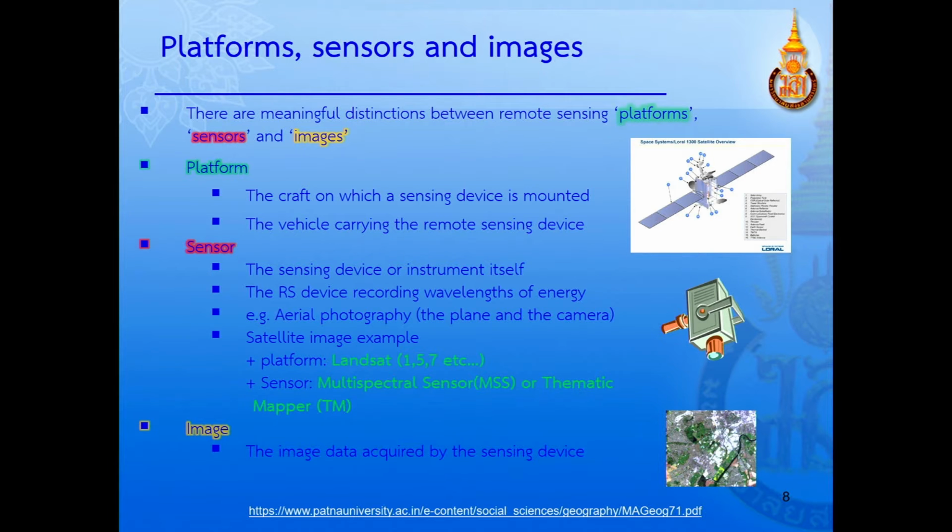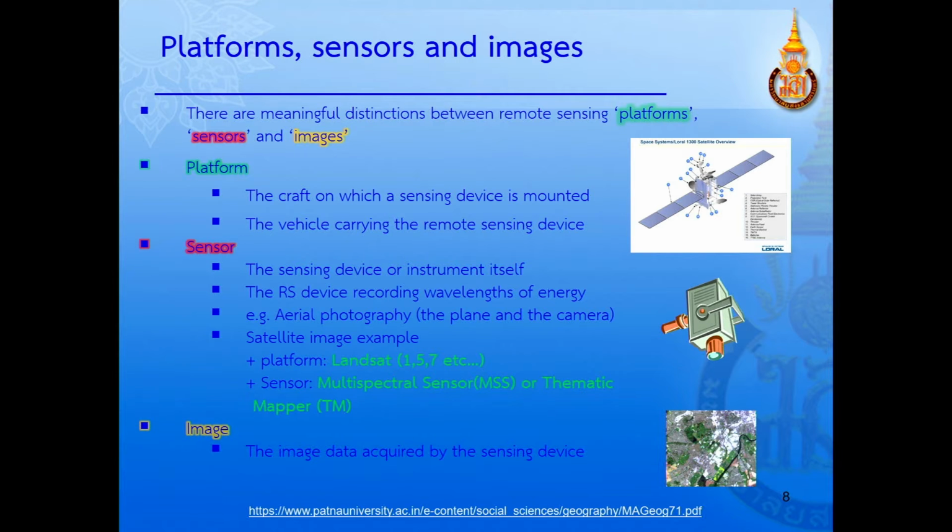For the platform, what does it mean? Of course, it's a vehicle. It means you have the satellite, or the plane or something, we call that a platform. Or a UAV or drone, we call that the platform.